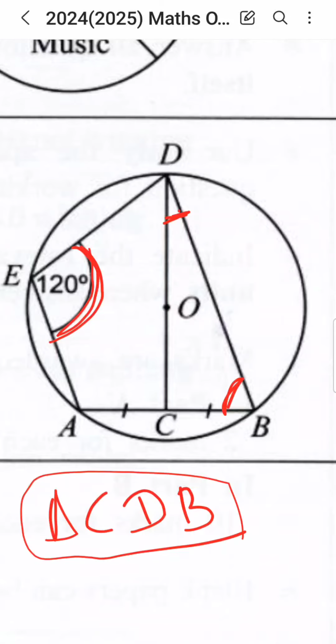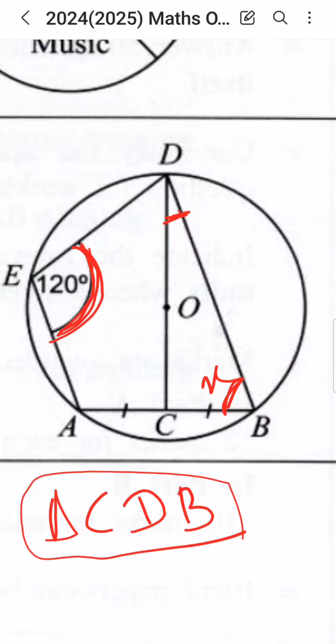In the cyclic quadrilateral, a quadrilateral means a four-sided figure inside a circle. So when DEC is 120, what is DBC or CBD? What is this one? X. What is X? Yes, X is 60 degrees because both are supplementary.